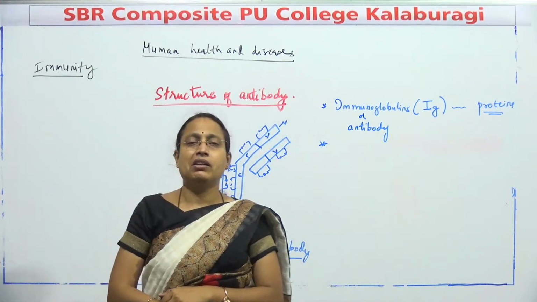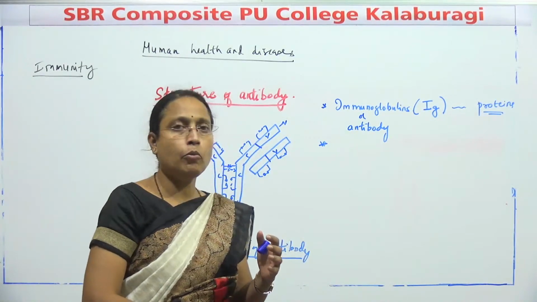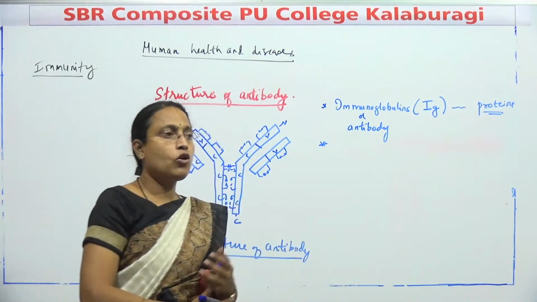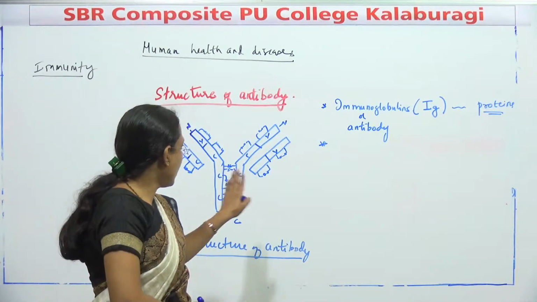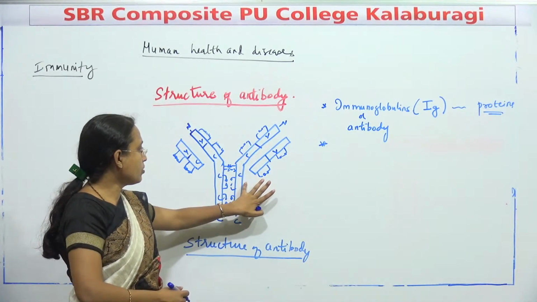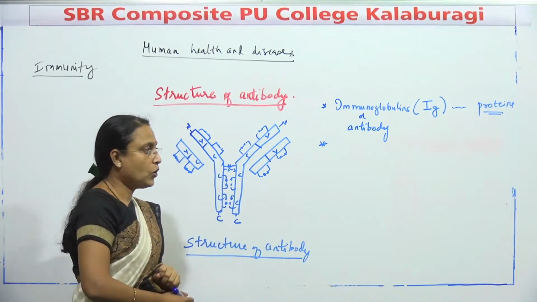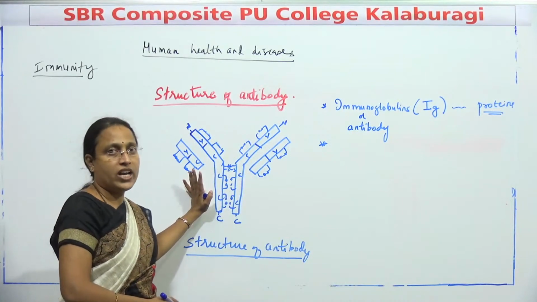Now, what is its chemical nature? What is it actually made up of? Primarily, an antibody is glycoproteinaceous in nature. It means a combination of carbohydrates and proteins. Usually, carbohydrate will be attached to the constant region in the heavy chain. Now, overall, the shape will be Y-shaped.